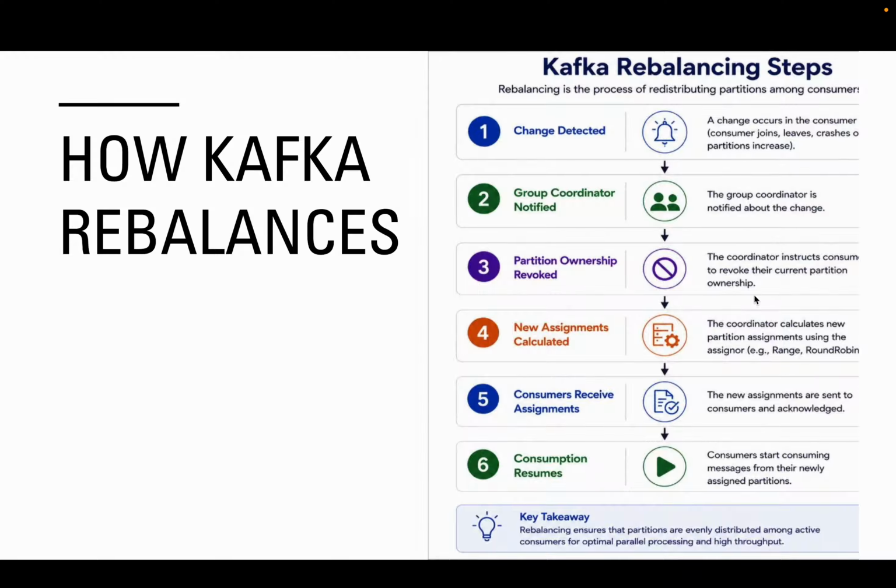Now, typically it happens for a brief period, but if things are not in shape, then it could go longer. So that is why we have to be careful. This new assignment calculates the new partition assignment using algorithms like range or round robin, multiple algorithms the Kafka broker could use, and the new assignments are sent to the consumer and acknowledged.